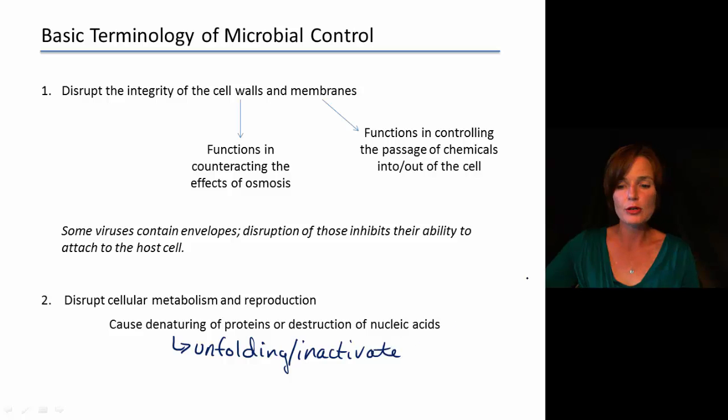So we are taking proteins, which have a whole long list of functions inside cells, such as enzymes, transport proteins, and communication molecules, and inactivating them. And nucleic acids contain the genetic information to make a variety of molecules inside the cell, and if we destroy those, that will inhibit the cell's ability to make the products that it ultimately needs to function.